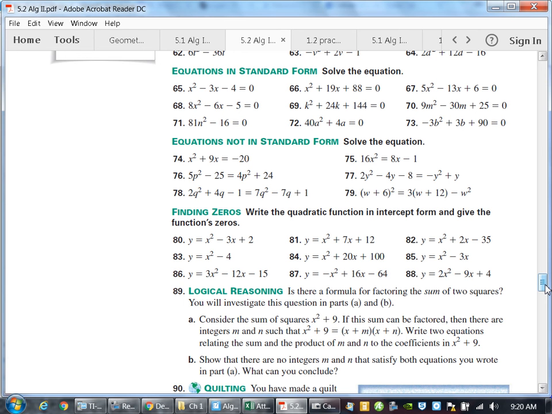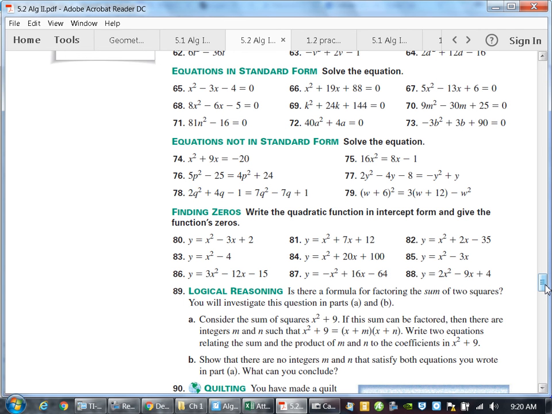It's section 5.2. I already have the tab up. If you go by 4s, it's not bad: 24, 28, 32, 36, 40, 44, 48, 52, 56, 60, and then another few. It looks like a lot, but it's like 16 problems.